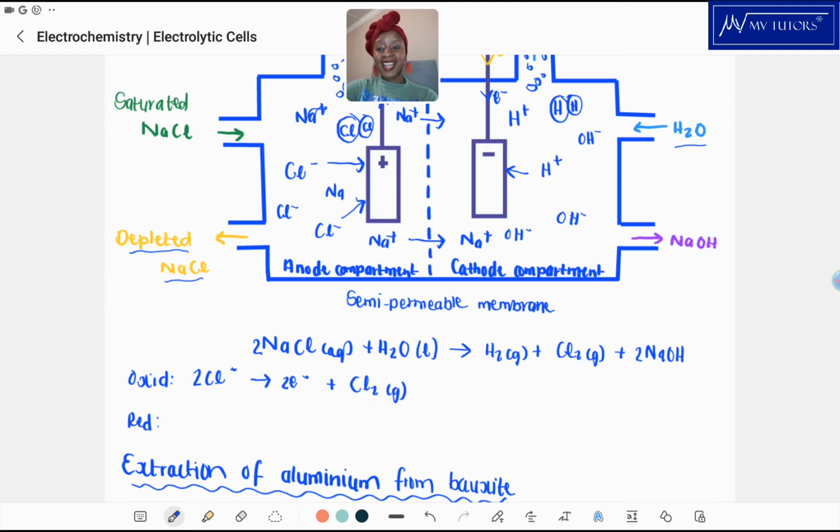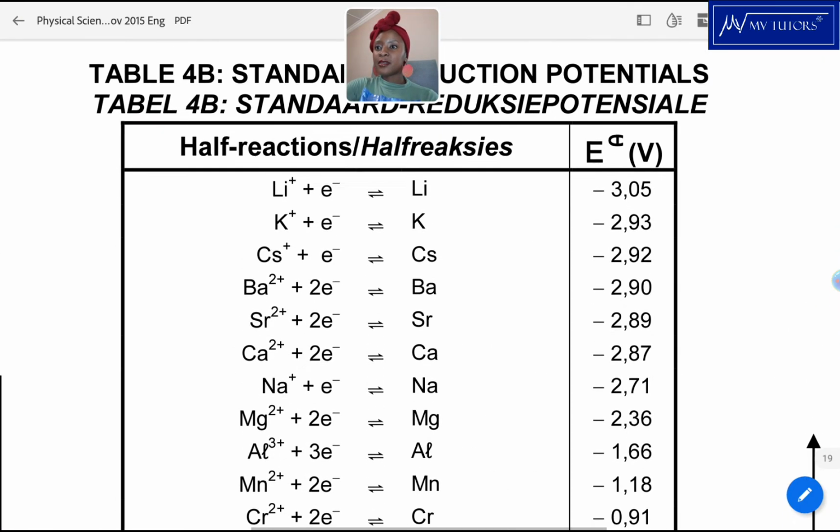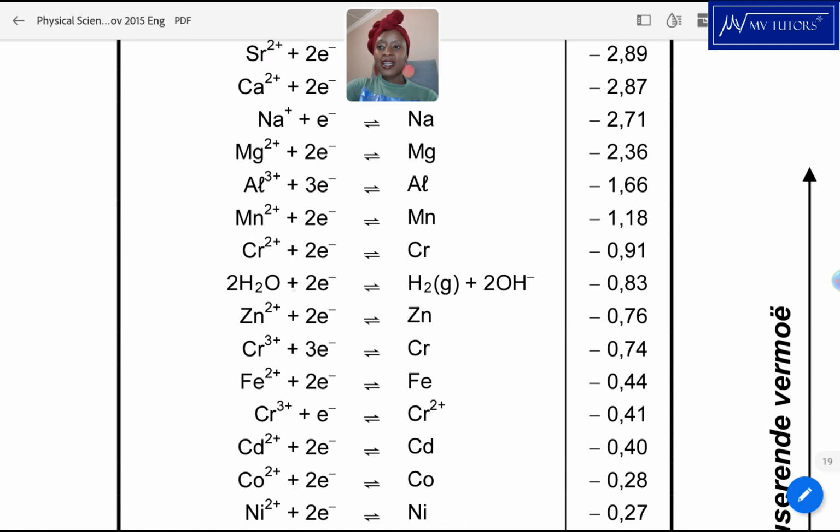But what happens at the cathode compartment? Okay, guys, so we had hydrogen ions that were reduced to hydrogen gas. So let's go see where we can find hydrogen gas. Okay, so start from the beginning. I see here we have water, okay, with 2 electrons that produce hydrogen and hydroxide.